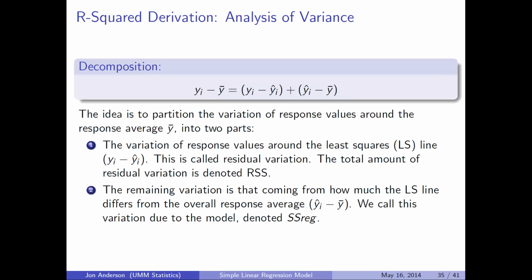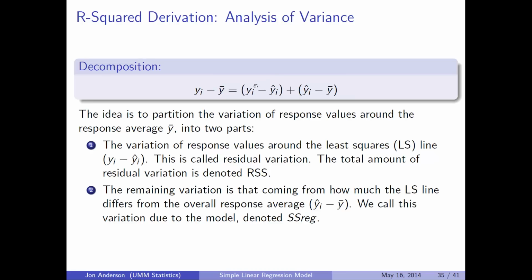The next thing we're going to talk about is R squared, and that involves understanding a partitioning of variation. On the left we have an actual value of y and how far it is from its average. You can break that distance up into the distance between the actual value of y and the estimated value on the line.